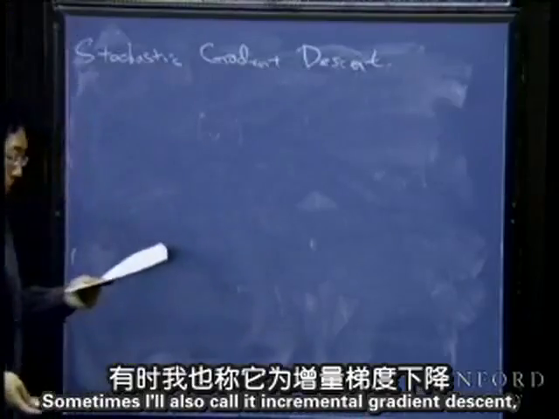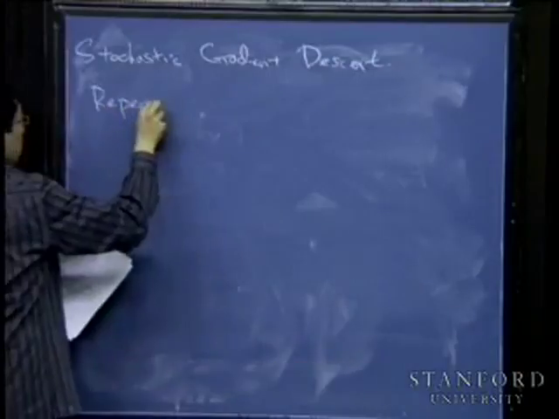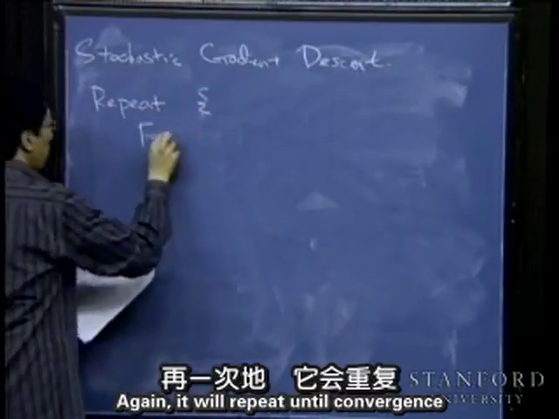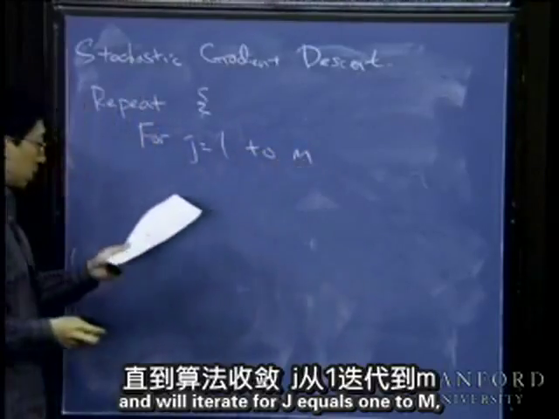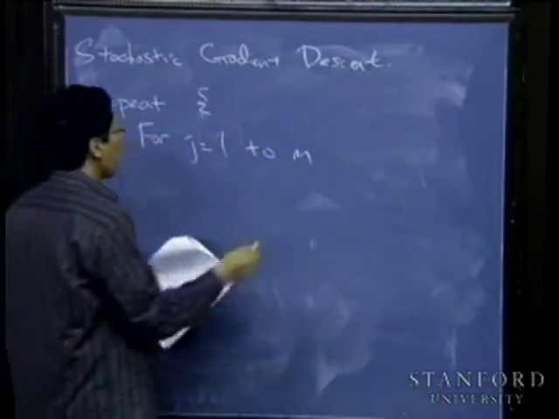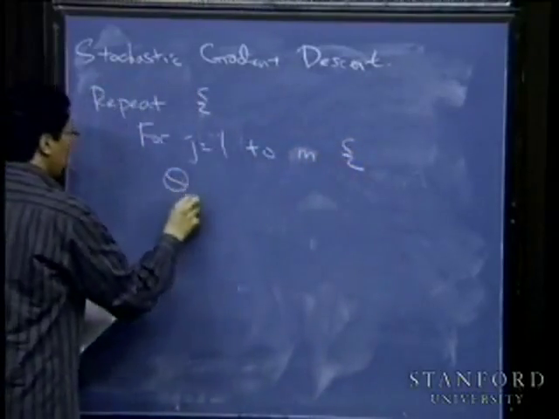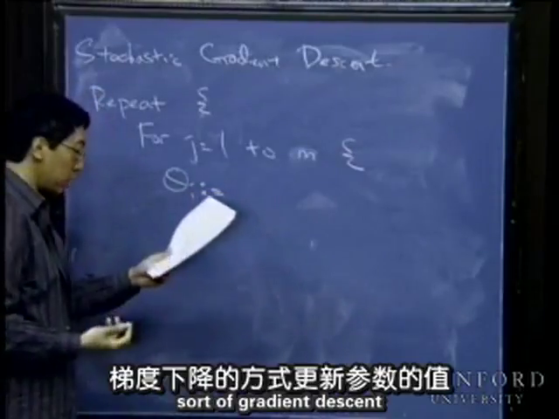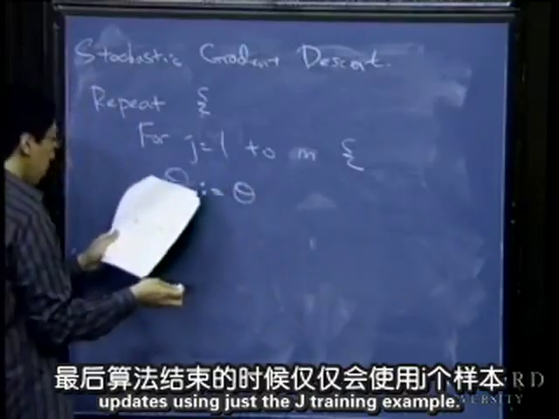Sometimes also called incremental gradient descent. But the algorithm is as follows. Again, we'll repeat until convergence, and we'll iterate for j equals 1 to m. We'll perform one of these gradient descent updates using just the j-th training example.